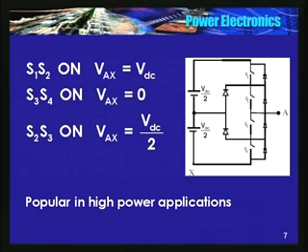In this case, I have VAX as 0, VDC by 2 or VDC. So it is a 3-level waveform here. As the number of switches increases, I can have more levels at the point A with respect to X. So I have an approximate sinusoid voltage waveform. The inverters belonging to this class are known as multi-level inverters.